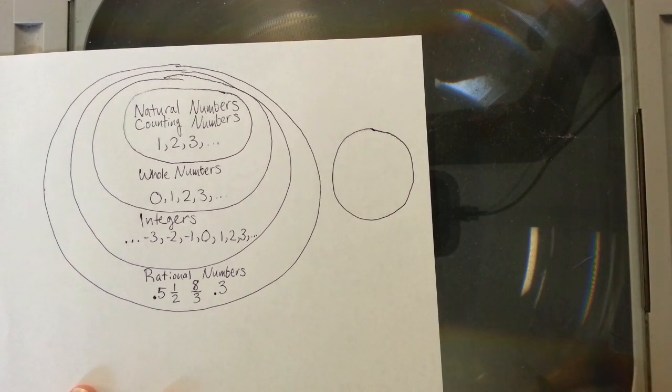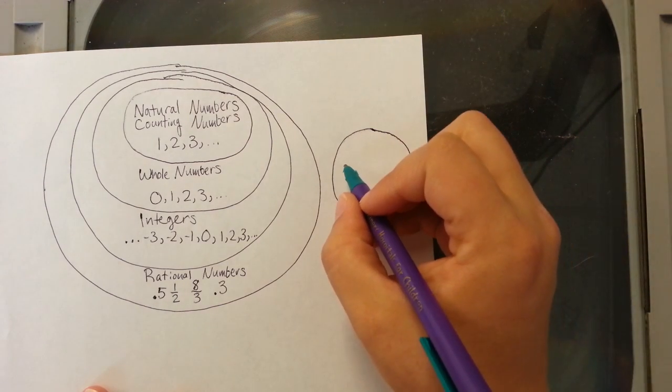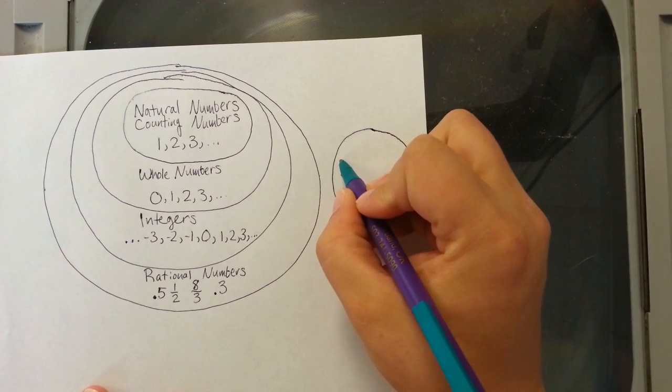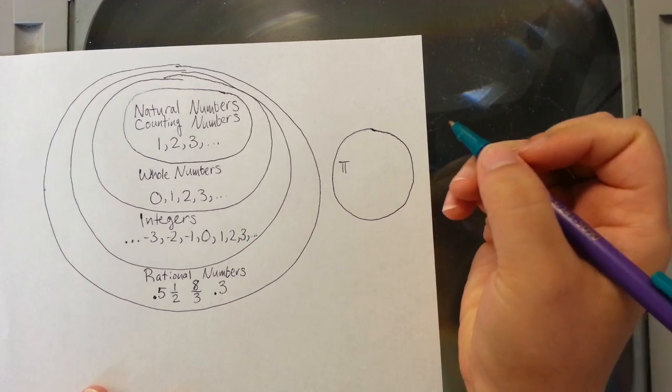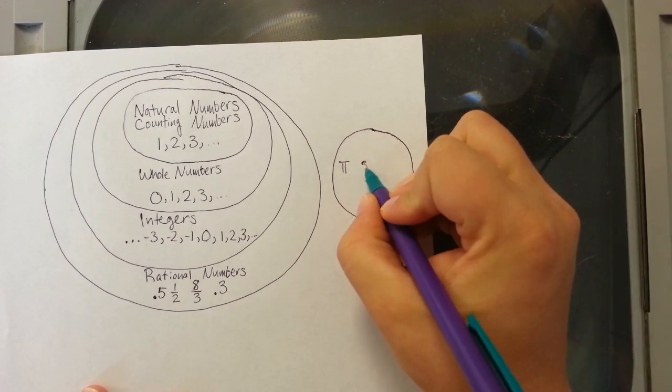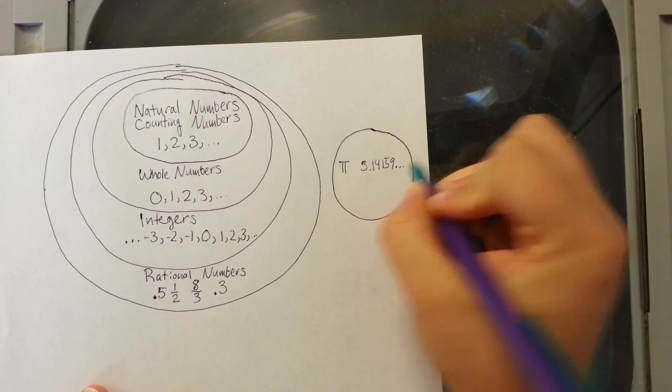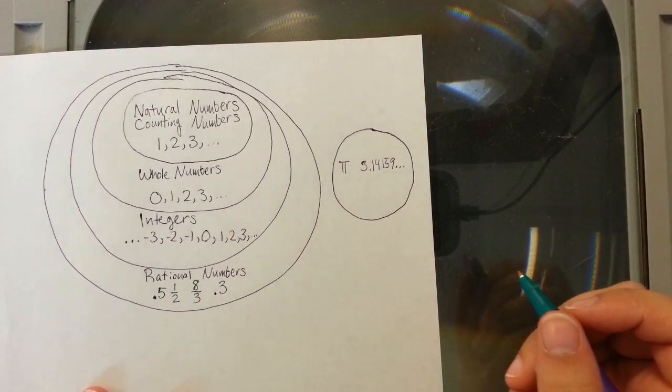And in its own little circle, these are going to be all of the numbers that can't become fractions. So what do those look like? Well, you know one number that you worked with a lot in geometry last year. That's the number pi. And pi is actually like 3.14159... It goes on forever.